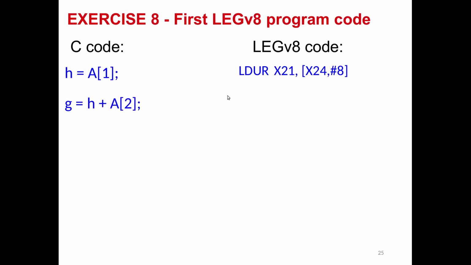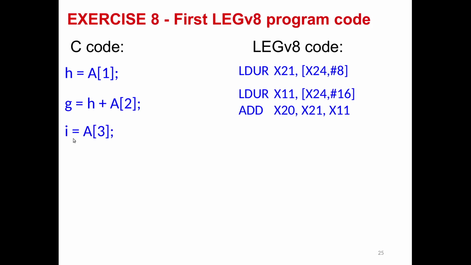The second C code will equal two other LEGv8 codes. The A2, which has the offset address of 16, will be loaded into X11, and then that X11 will be added with X21, which is h, and stored in X20, which is g.